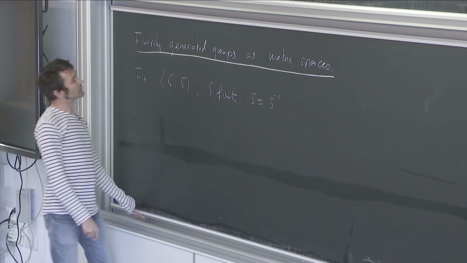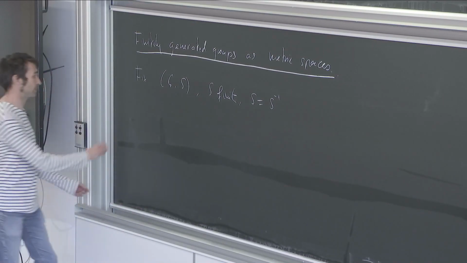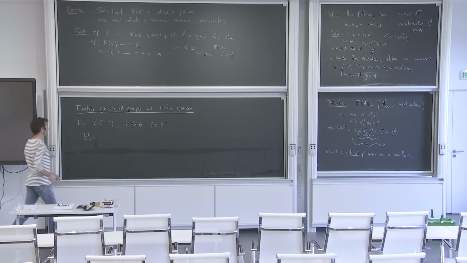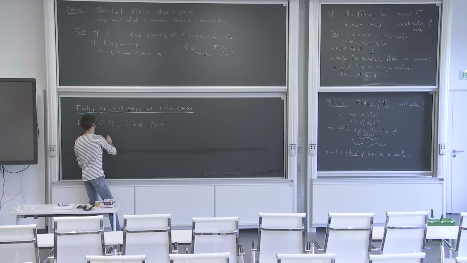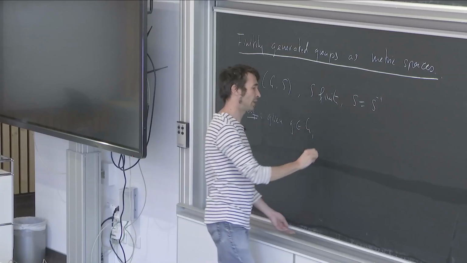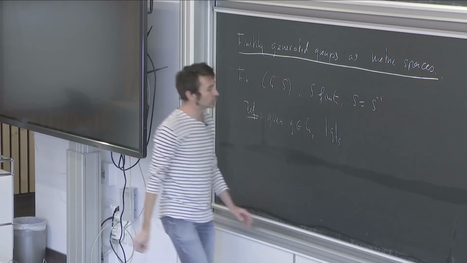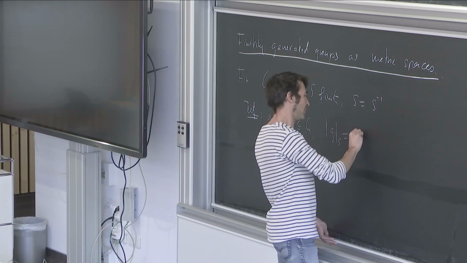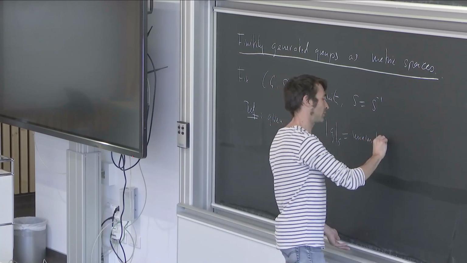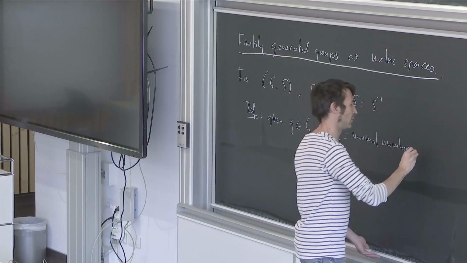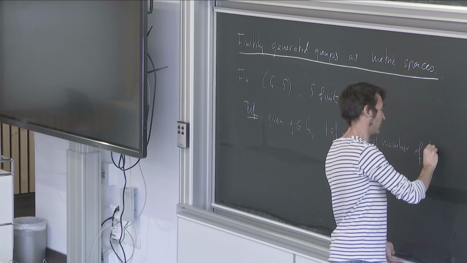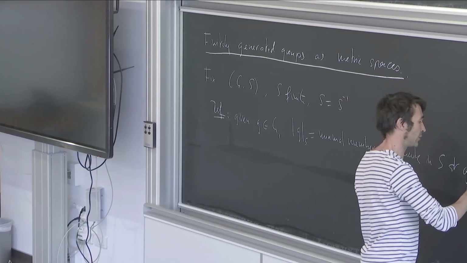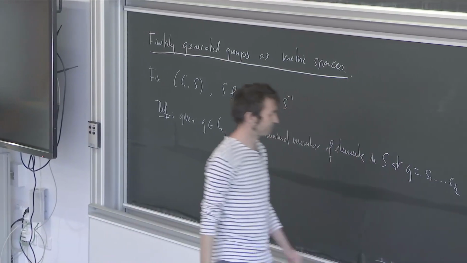Okay, and so what I will define first is the word metric. Given an element g in G, I let the norm of g with respect to S be the minimal number of elements in S such that g is a product S1 ... Sk.